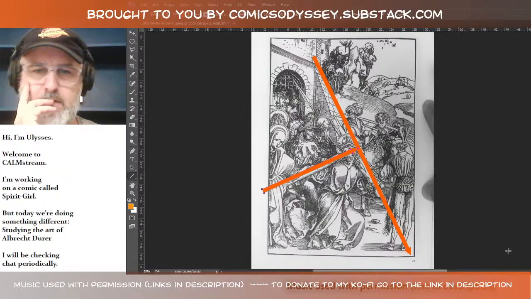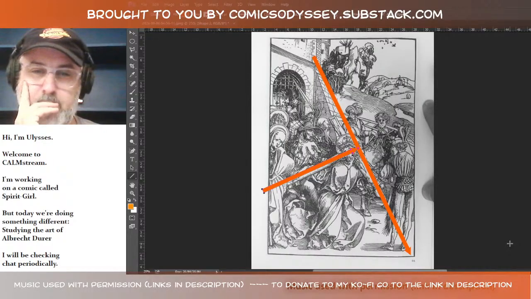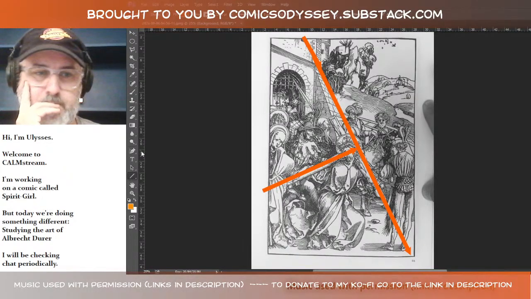Got another diagonal here. Now you could argue these are thirds as well, right? First third.